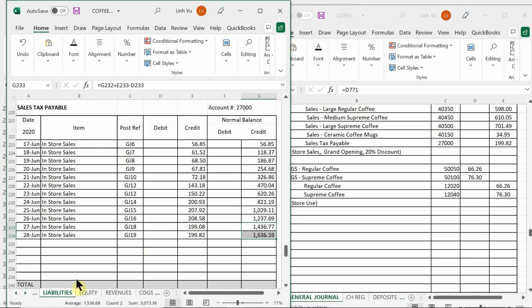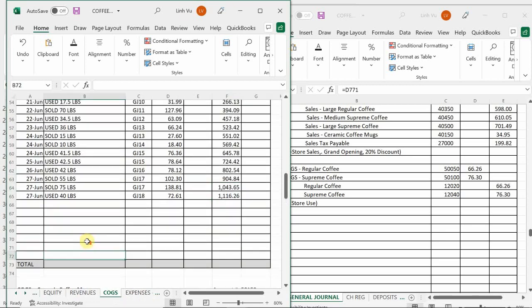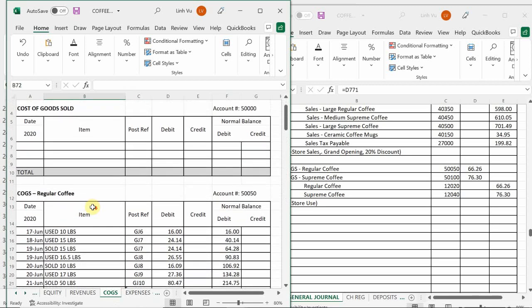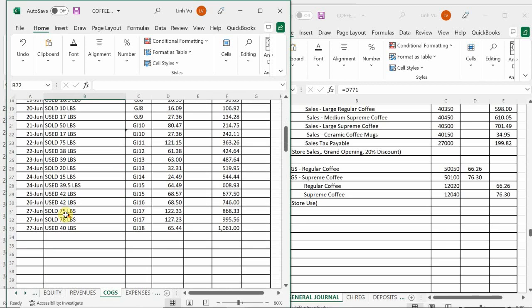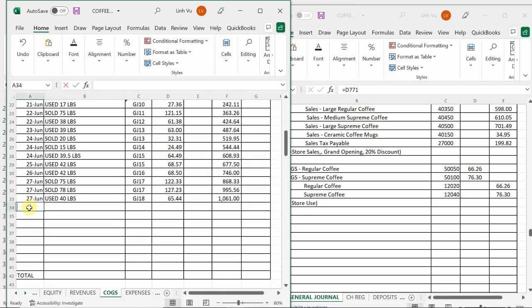So starting with my cost of goods sold, right? For my cost of goods sold for my regular coffee, I used 40.5 pounds. Okay, which cost me $66.26.